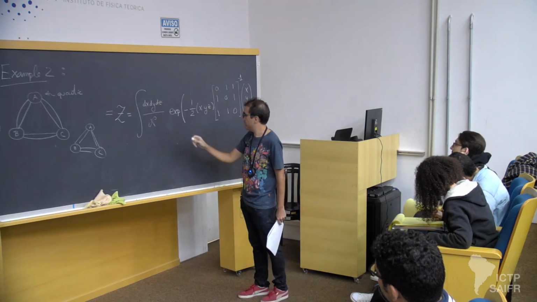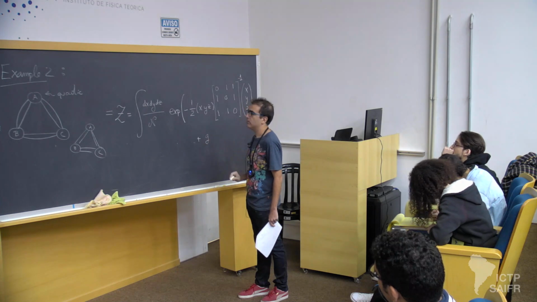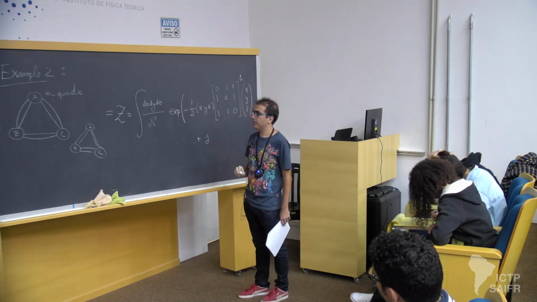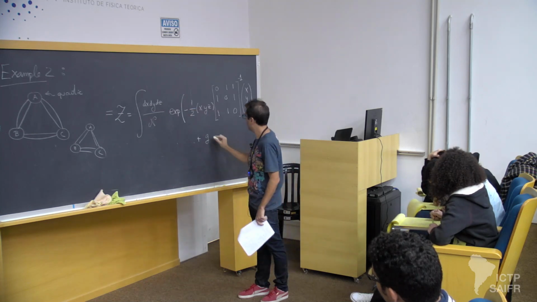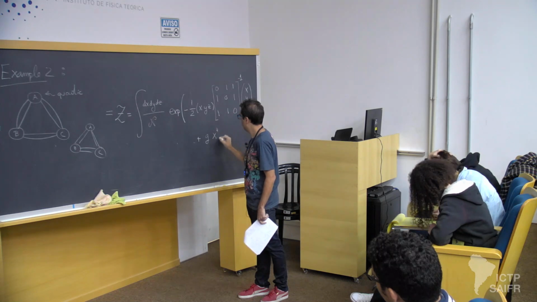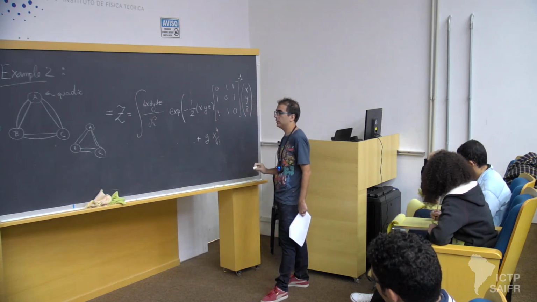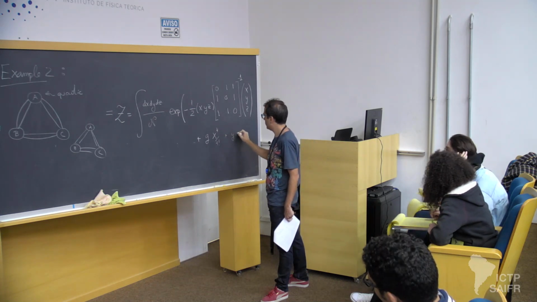And then there are some interactions, and the interactions would be plus some coupling g, for example, of type A, so x to the 4 over 4 factorial, plus the same thing for y, plus the same thing for z.